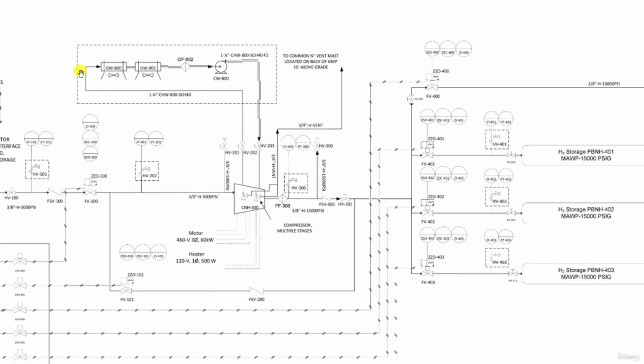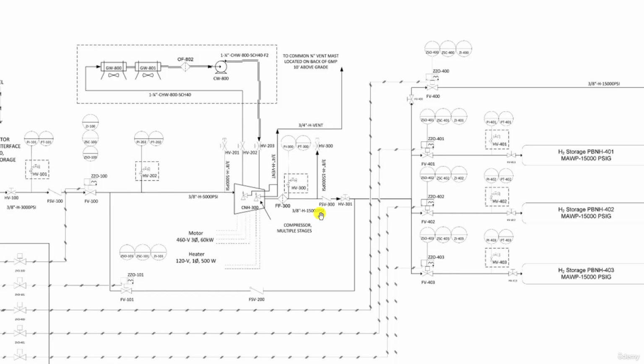Then this water passes through 2 water chillers in series, GW800 and GW801, to be cooled down, then re-injected in the compressor jacket in closed loop. Once compressed, the hydrogen gas exits the compressor and flows through a 3/8-inch line with a minimum pressure rating of 15,000 psi.